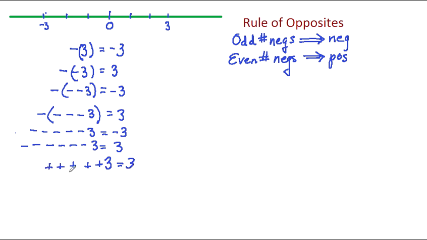It's still 3. But if you stick one negative there, it becomes negative 3. So positives don't do anything, but negatives, they do a lot. They keep changing the meaning to the opposite side of 0.